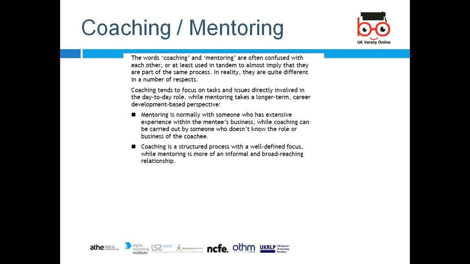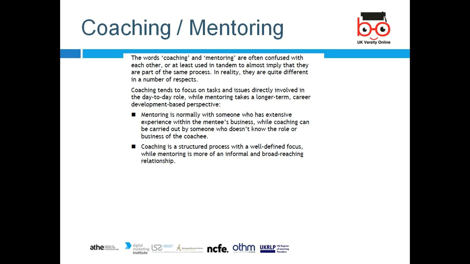The coach normally focuses on a structured process with a well-defined focus. A mentor is always very expert in terms of their industry. Like if you're a teacher, an accountant, a chartered accountant, you can be a mentor for new entrants.